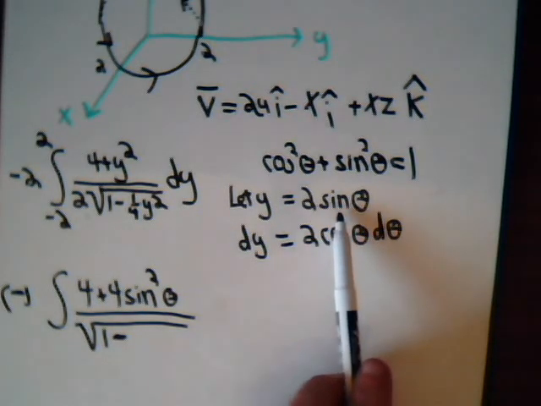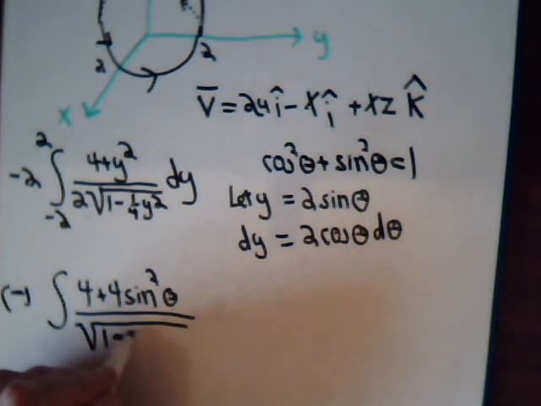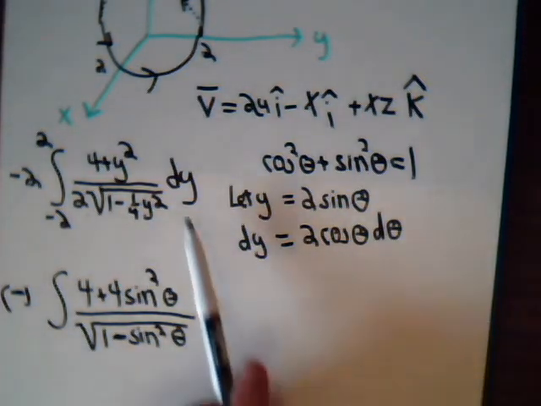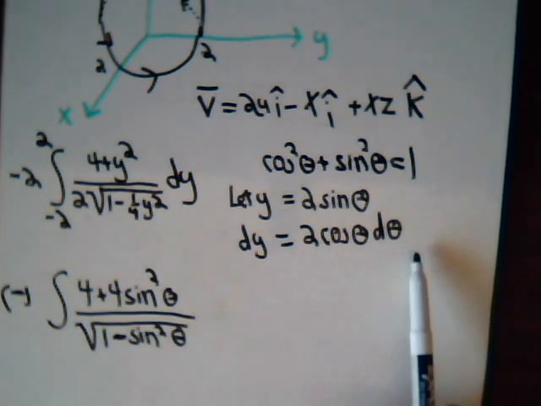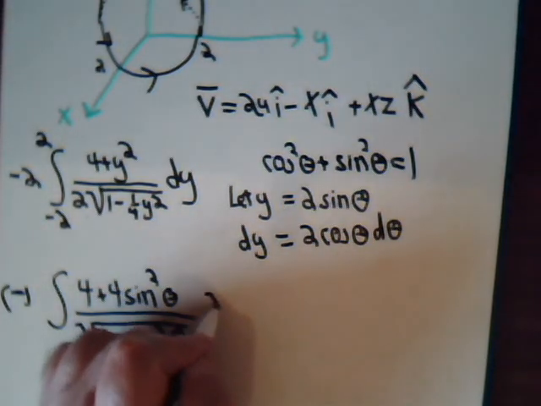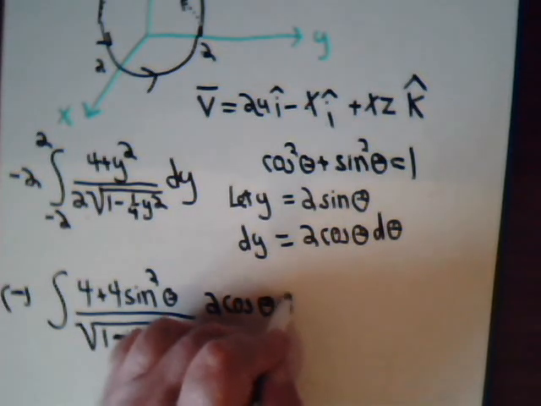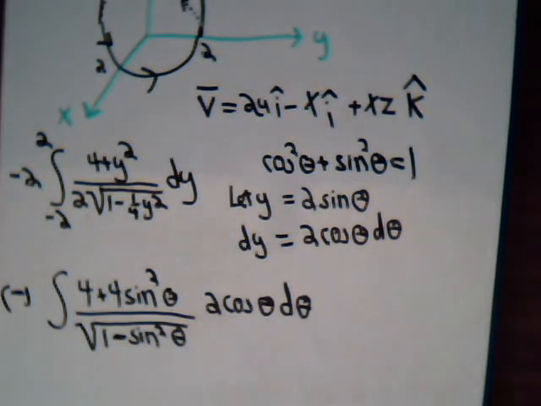That's 4 sine squared theta, so this just be 1 minus the sine squared of theta. 4 divided by 4 is 1. Now dy, that's this, 2 times the cosine of theta d theta. And we're going to have new limits here, but for the moment we'll ignore those. We'll come back to these in a moment.